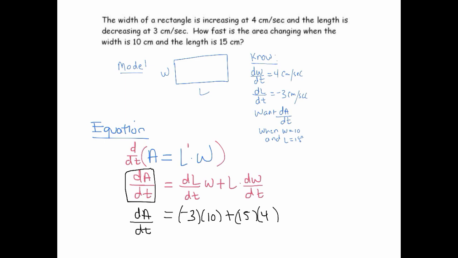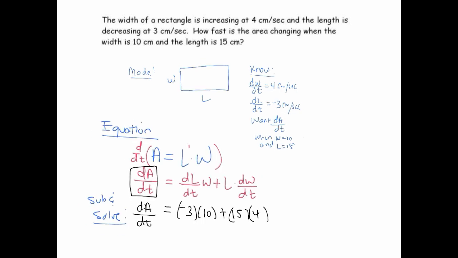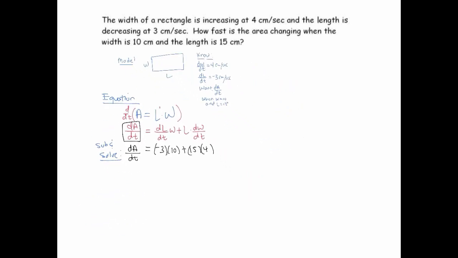This is the sub and solve step. So we get -30, so dA/dt is equal to -30 plus 60, which gives you 30. The units on this are going to be centimeters squared per second, because that's the rate of change of area.